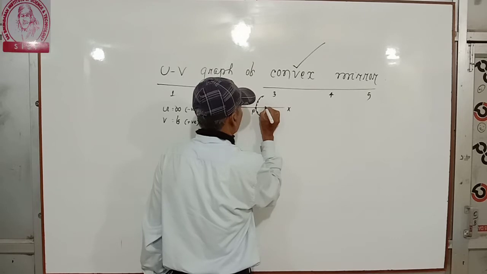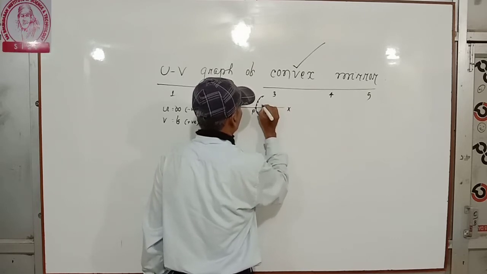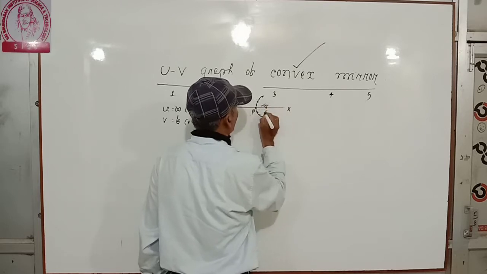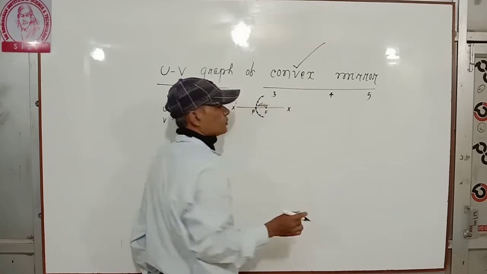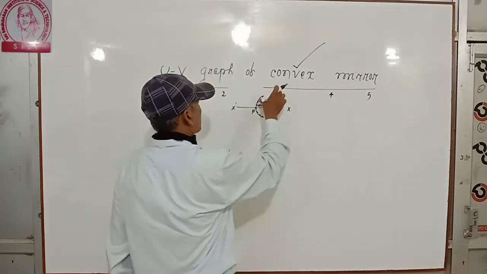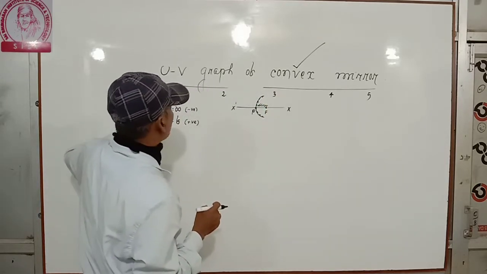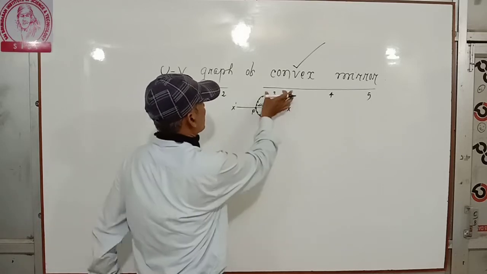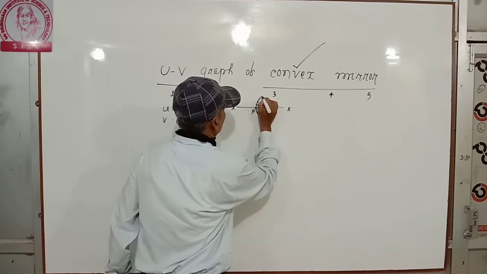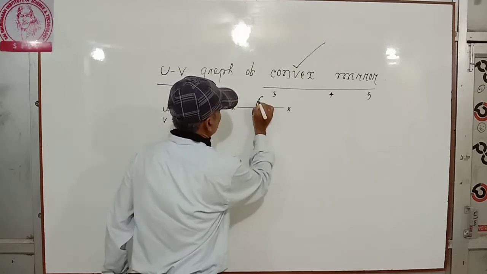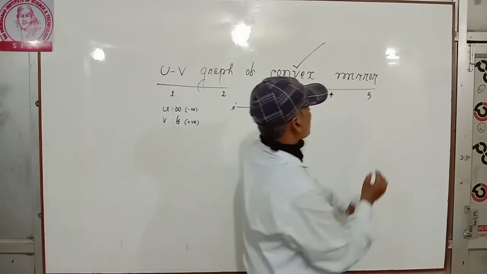So first case the image is found here, second case the image is found here, third case here, in fourth case here, in fifth case here. We are taking only 5 cases, okay. So when u is at infinity, v is at f, means this one, okay. Then move to the case number 5.